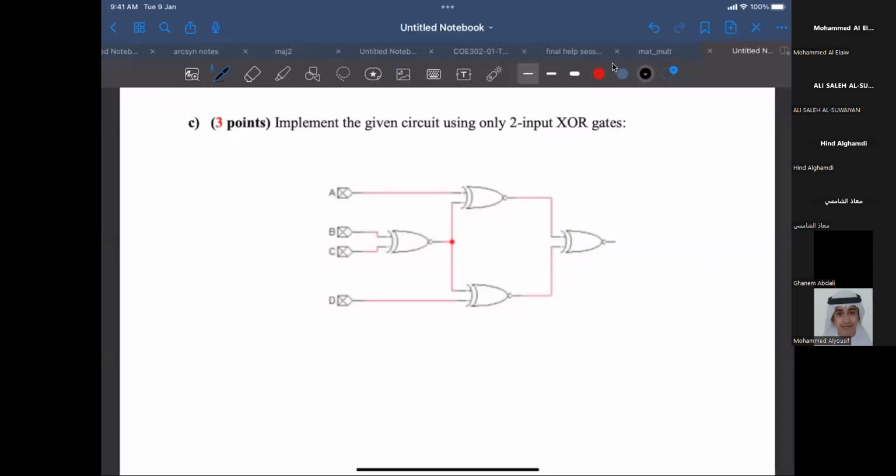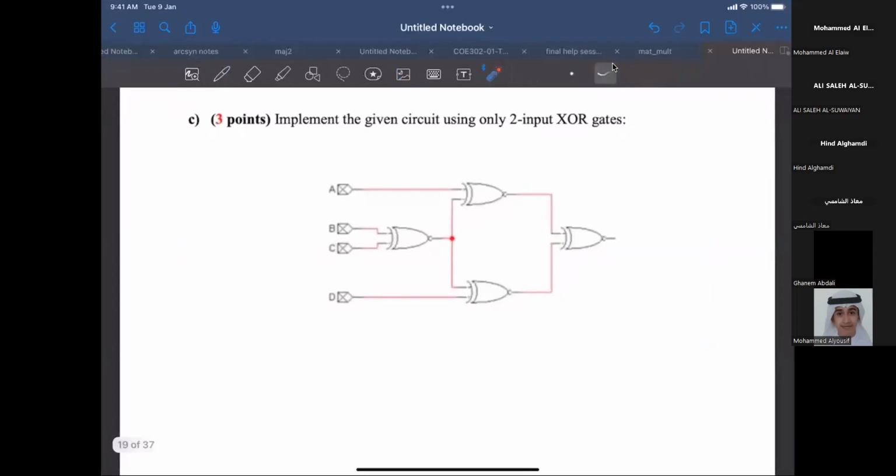So first of all, you can basically advance this bubble and this bubble. You can advance them here and here at the input, and they will basically cancel each other. All right, and then we can also advance this to here and here.